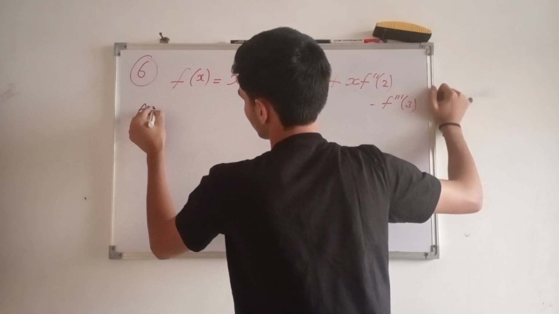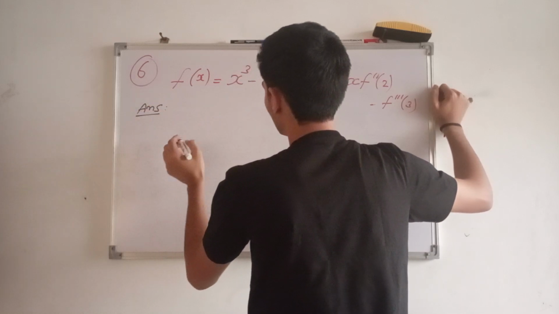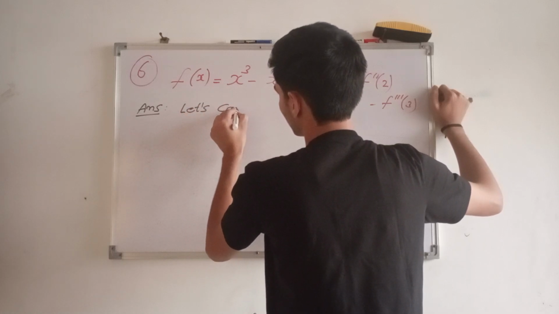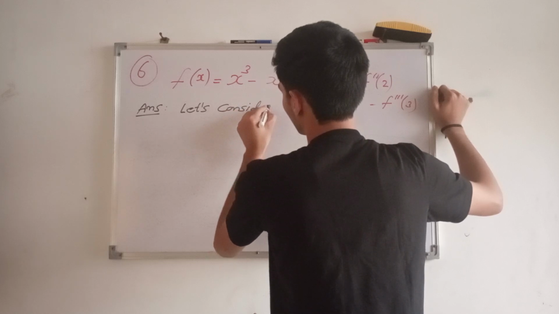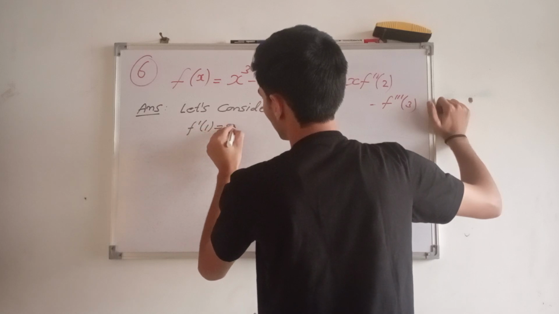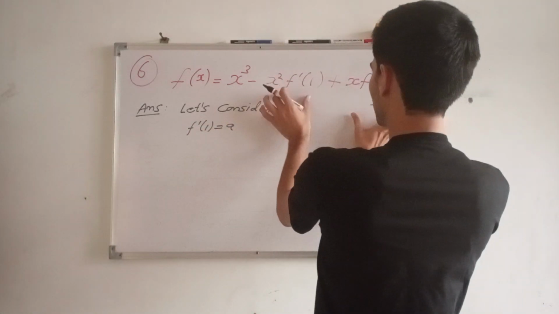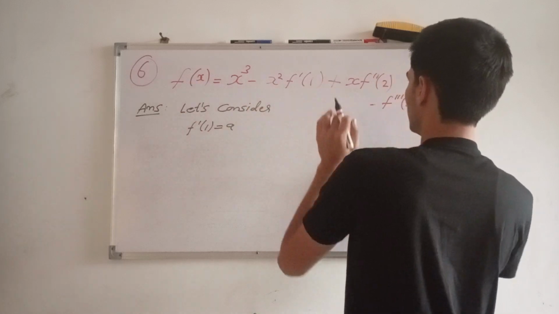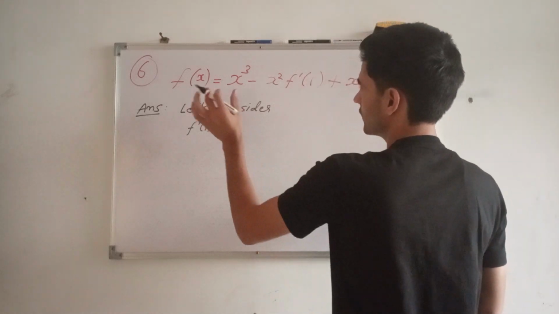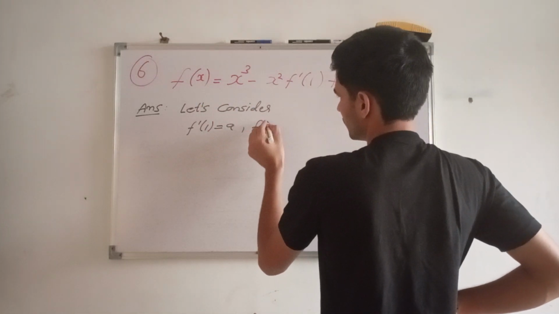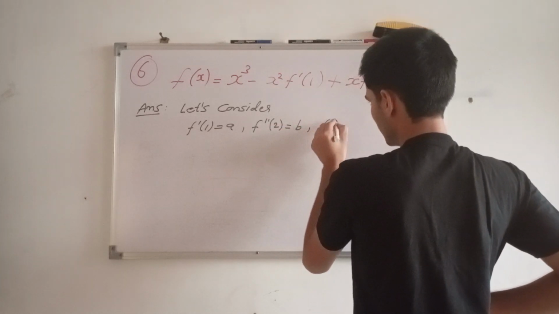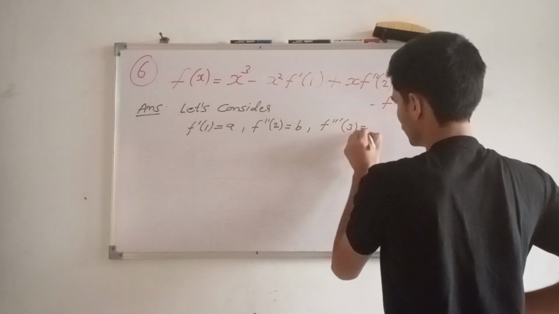Let us consider f'(1) equal to a, because this way you might get confused that f is on this side as well, but these are constant terms. We just need to find these terms to find f(x). And let's say f''(2) is equal to b and f'''(3) is equal to c.